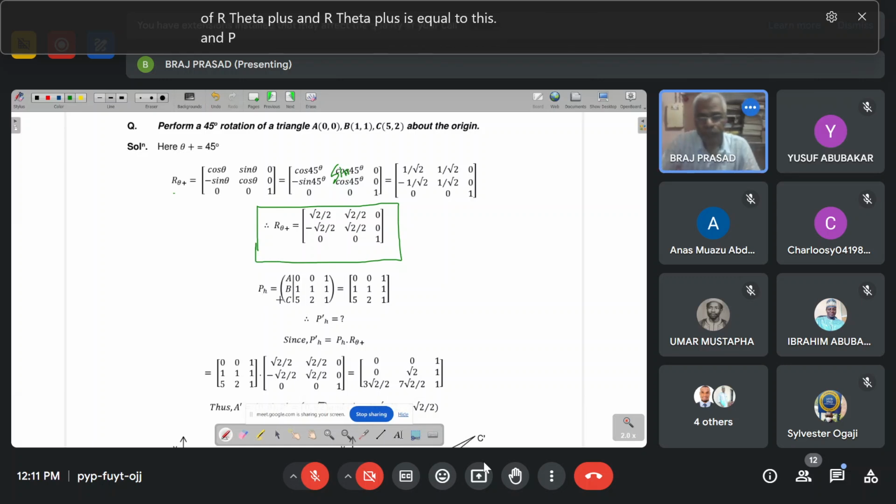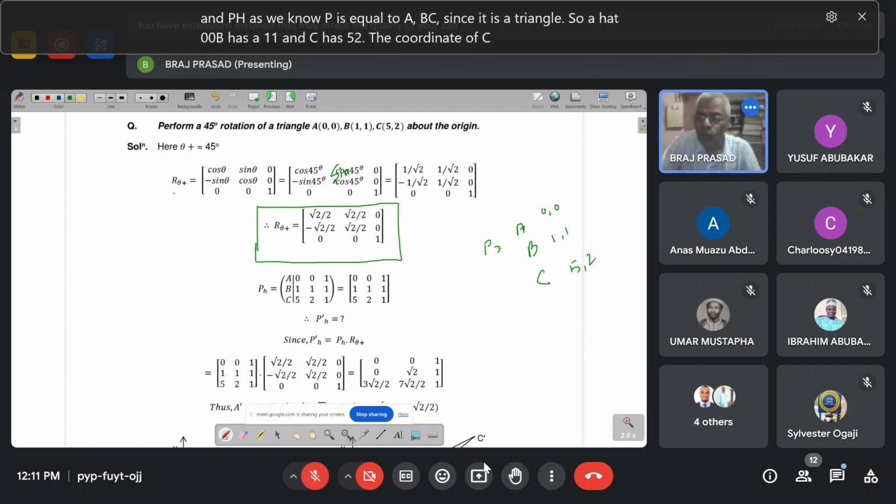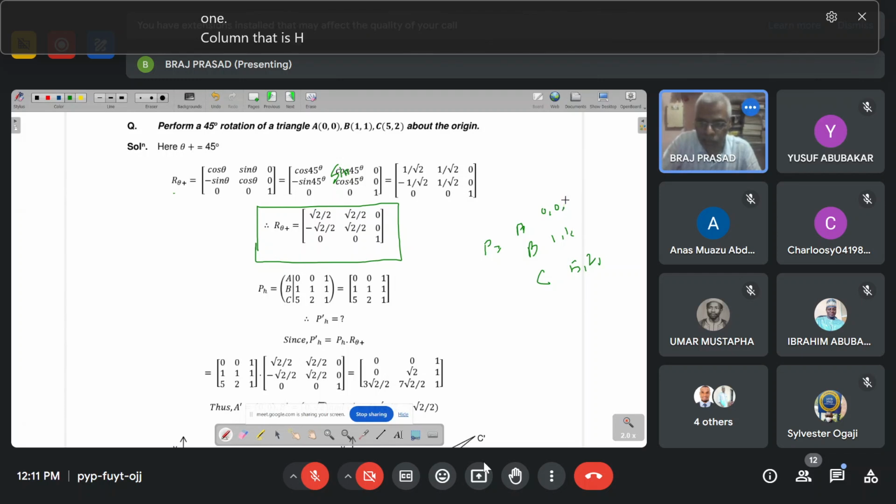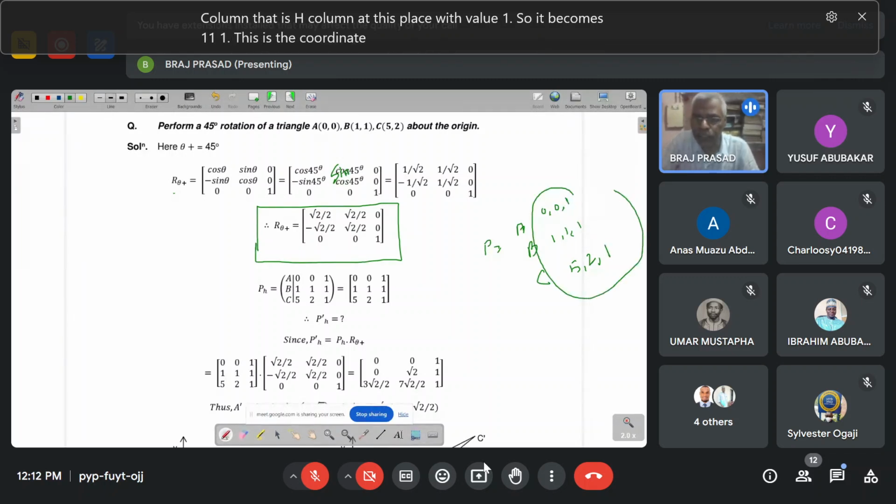And P, as we know, is equal to A, B, C, since it is a triangle. A has 0, 0, B has 1, 1, and C has 5, 2. If we add one column, that is the H column, with value 1, this is the coordinate of P in the homogeneous coordinate system.